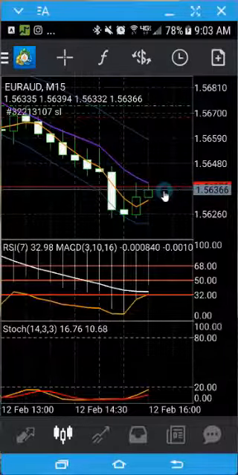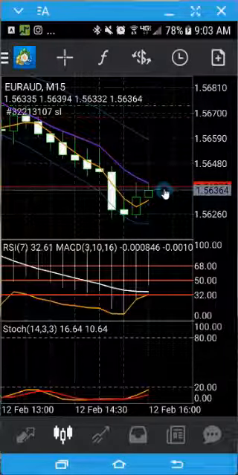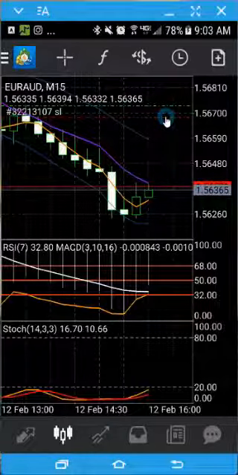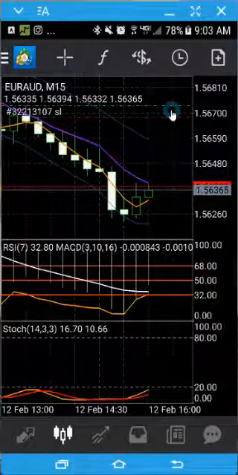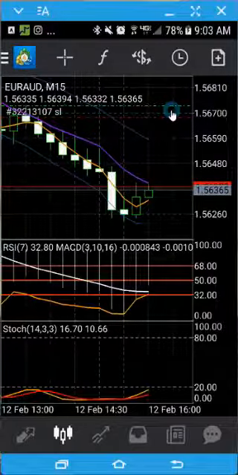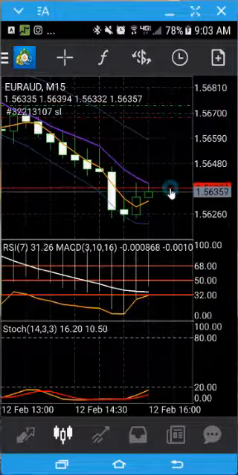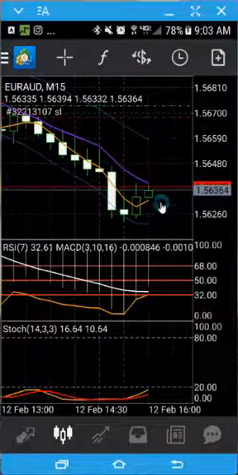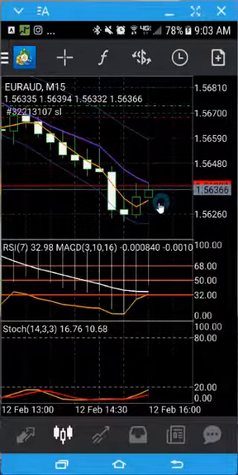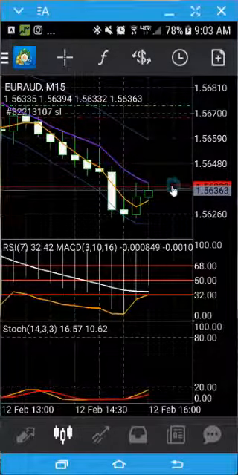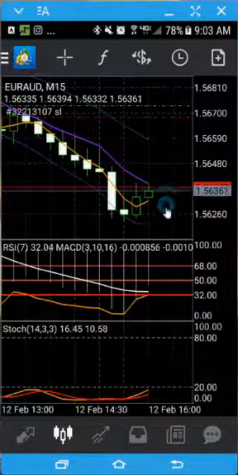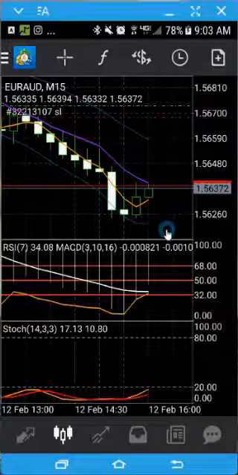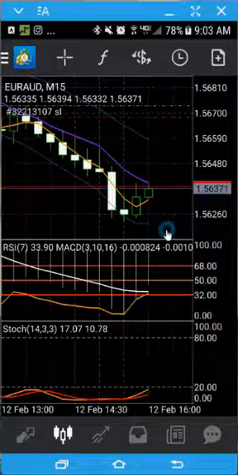So if for some reason this backs up, right, and hits this, I'm still going to close this trade in 5 pips of profit. I'm still going to get blue. But what I'm doing is I close partial profits, and I'm just hoping that this will continue on to the next take profit zone or the next take profit.